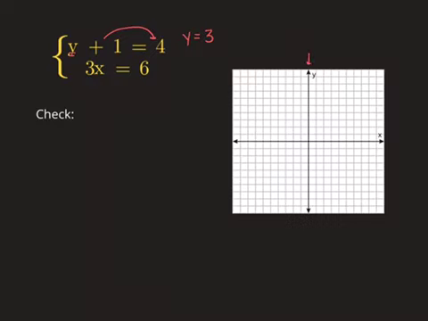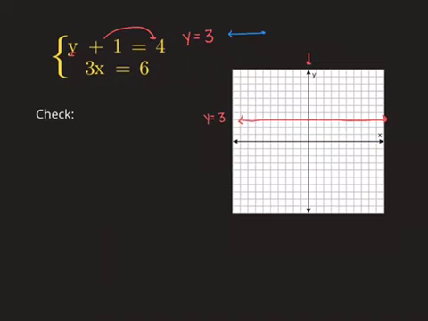So if it's only going to cross the y-axis, it means that it has to be a horizontal line. It has to go left to right. So I'm going to go to where y is 3 right here, and I'm going to make a horizontal line through that point. So this is the line for y is equal to 3.